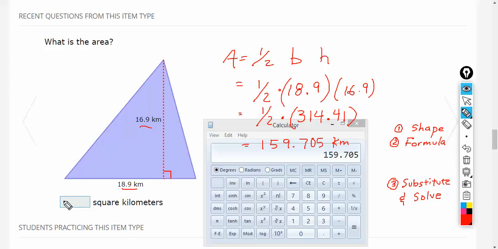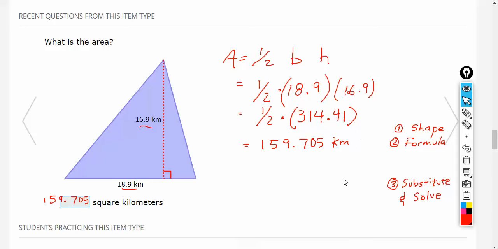Okay, so this is 159 point, it's not enough room, okay, to put that in. 159.705, and you should put this in your notes. Alright, so that's how you do that right there.